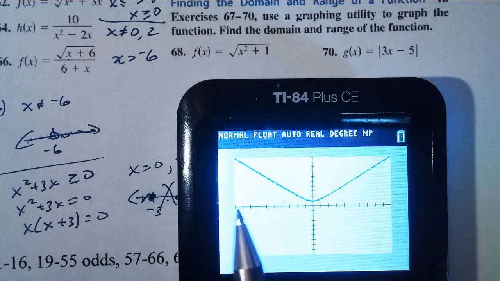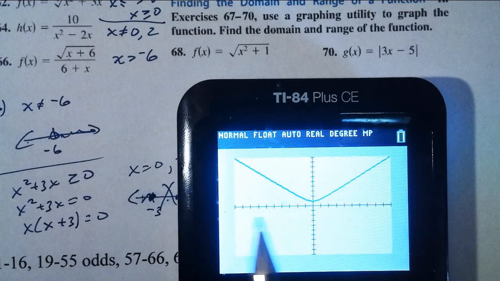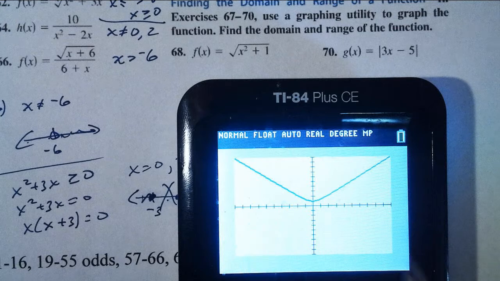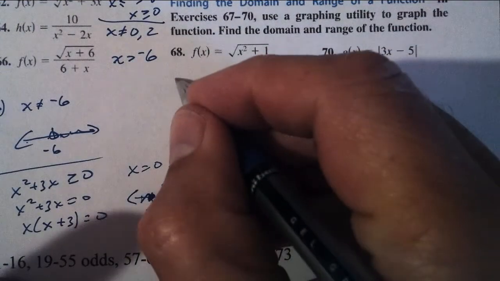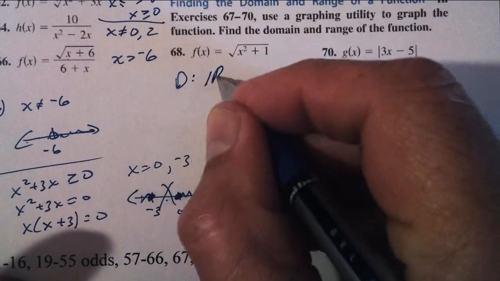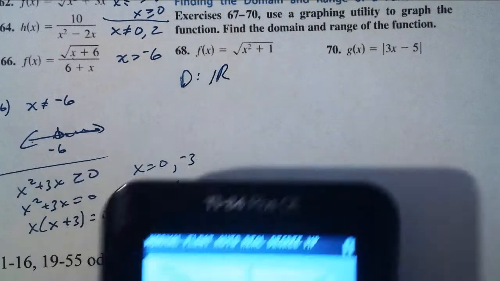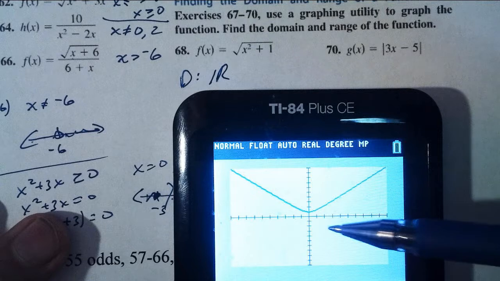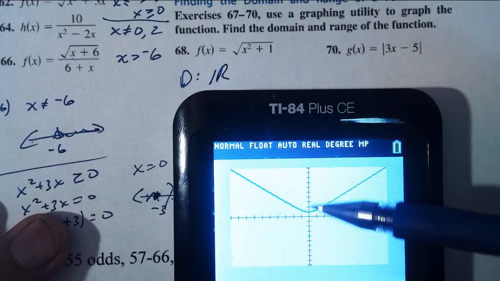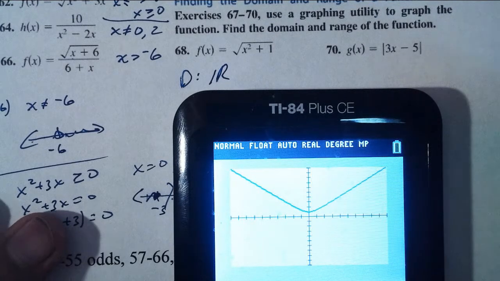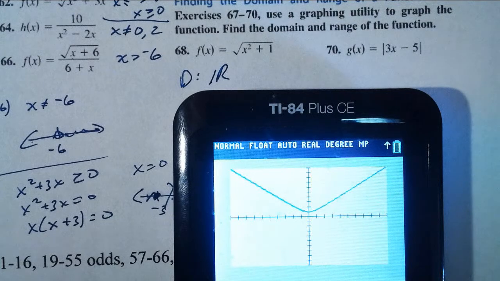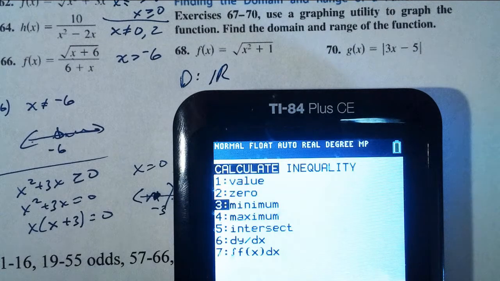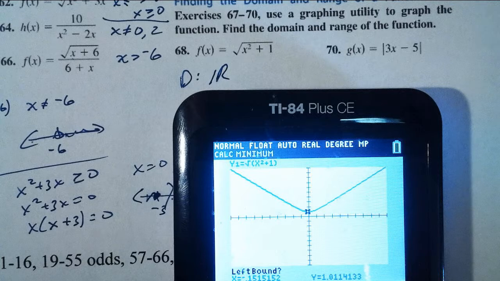So the domain is the allowable x values, and it seems like this graph's probably going to go on forever. So I believe, based on what I'm seeing here, our domain is all real numbers. And then range, our range looks like it starts to appear at about 1. Now, I could do something like this. I could go second calculate. Let's find that minimum value in here.